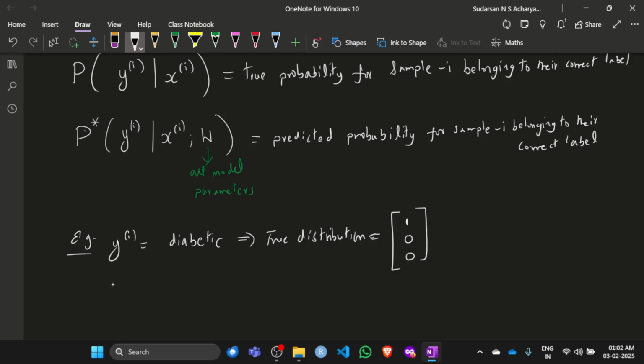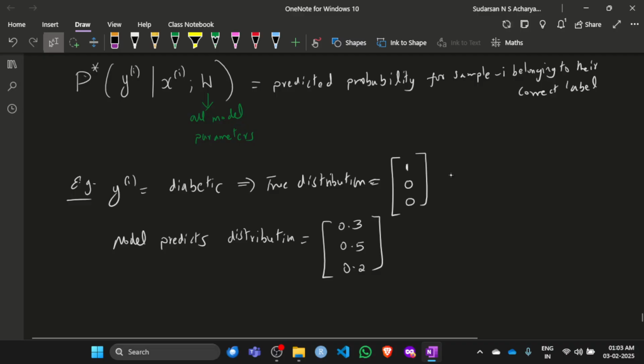But then the model would predict a distribution. Let's say it has the probability of 0.3 for being diabetic, 0.5 for non-diabetic, and 0.2 for pre-diabetic, right?